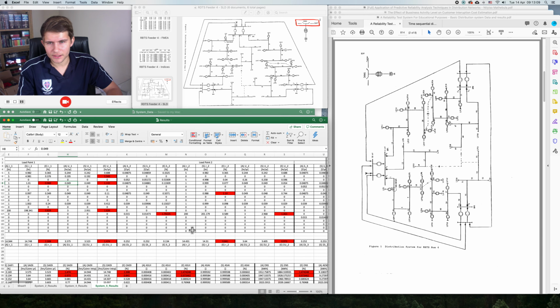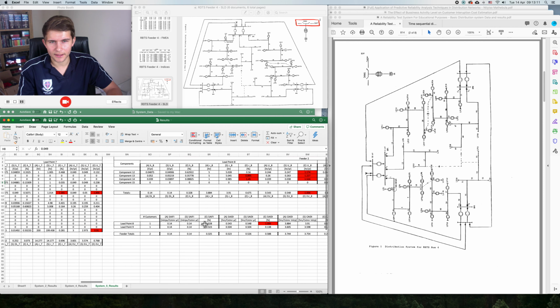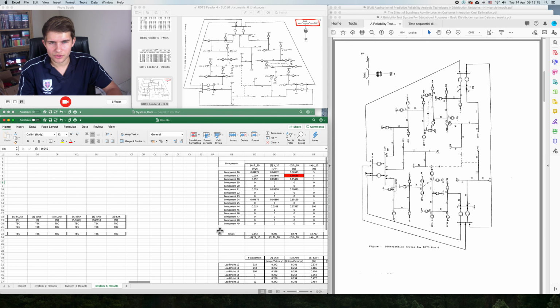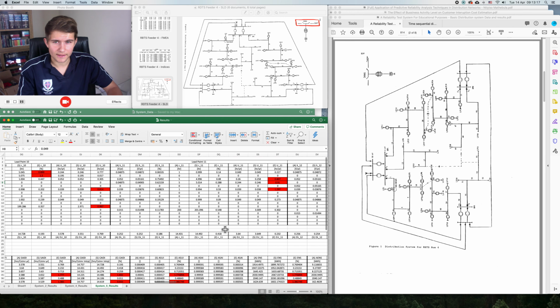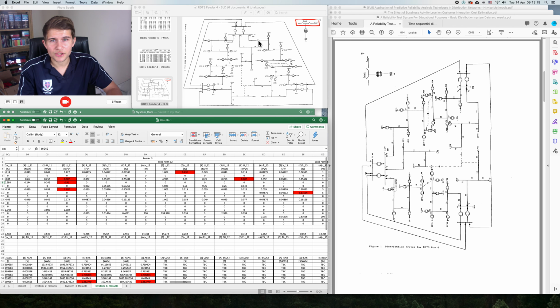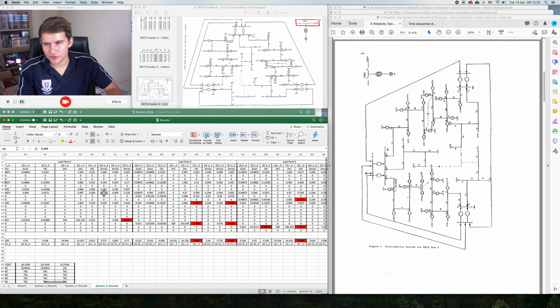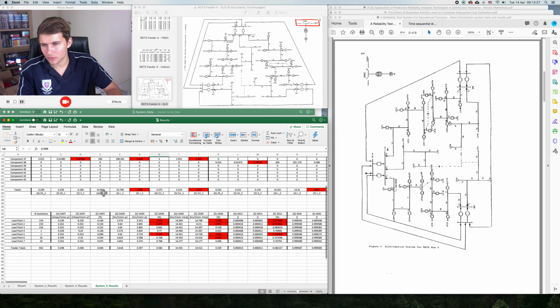Then every feeder gets its own block. This is feeder 2, that bit there, and then if you keep scrolling to the right you get to feeder 3, then feeder 4, feeder 5, feeder 6, and feeder 7 is here. But let me scroll back to feeder 1 to show you how it works.